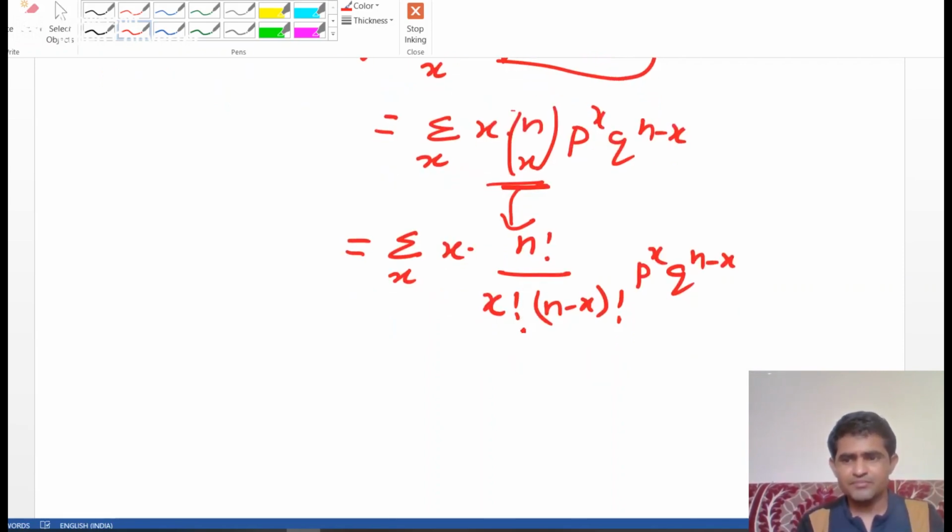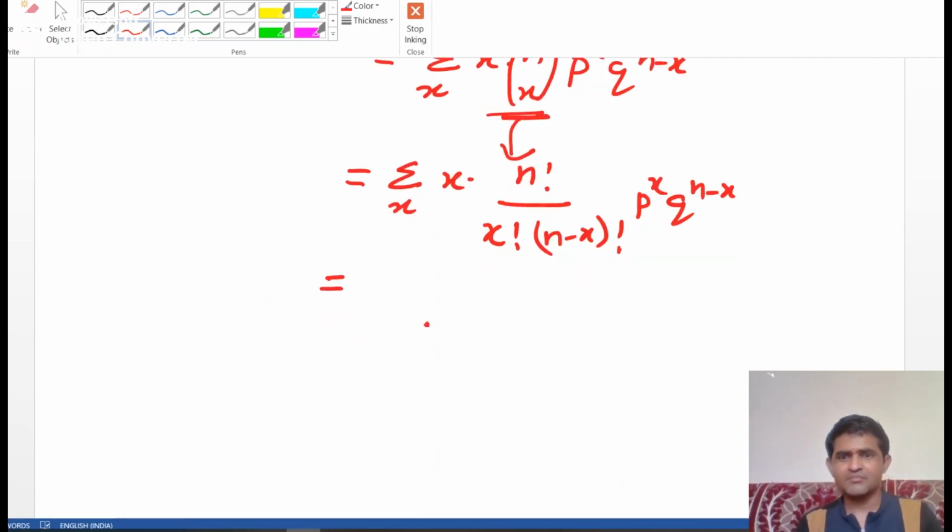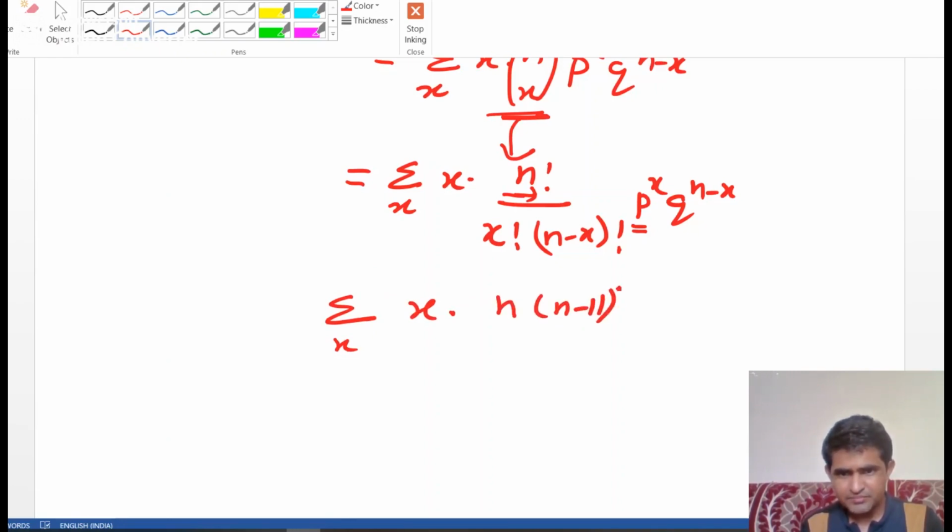Now with the factorial we can simplify here. The most important terms we can take outside, n and p. Okay guys, n from here and p from here. You can also write summation of x into n factorial, and we take another x here: x into factorial n, expanded as n minus 1 factorial, divided by factorial x minus 1, factorial n minus 1 minus x minus 1.